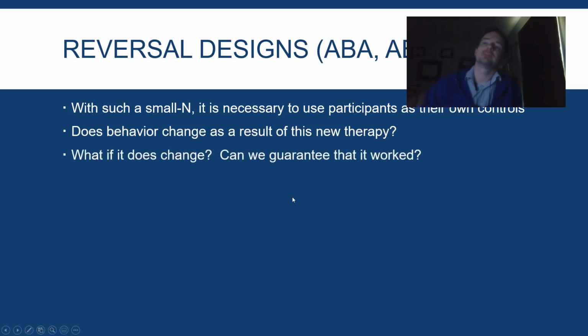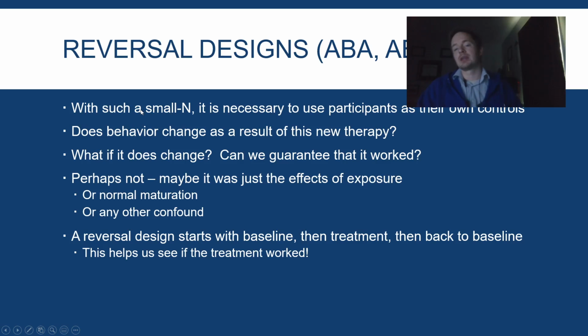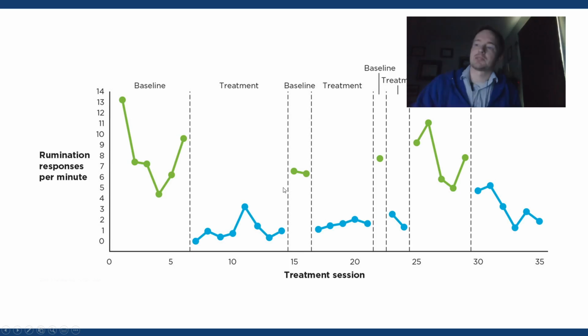So the question in these cases is, does the behavior change? Does it change as a result of this therapy? And if it does change, can we be guaranteed that it will work and that it will last a long time? And so that's why we need things like going back to baseline. So let me show you an example of why that's important.